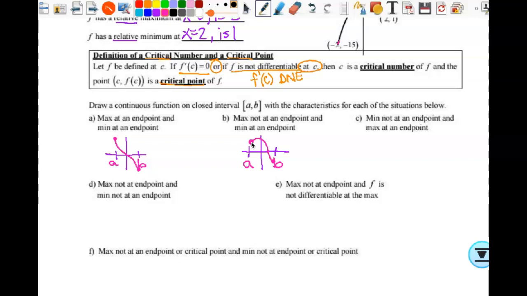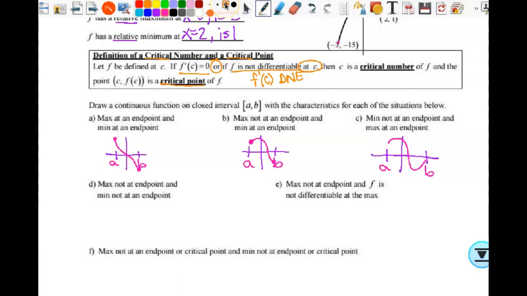All right, minimum not at an endpoint, and max. Oh, goodness, that's why I didn't do it that way. Minimum not at an endpoint, max not at an endpoint. So we could do something like this, maybe.